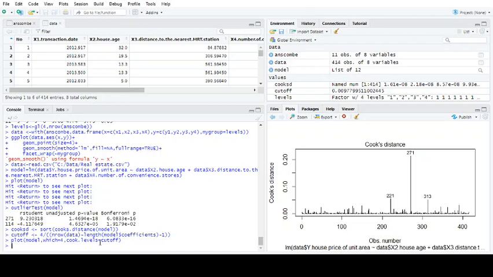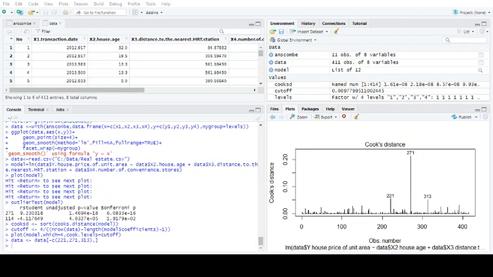And a quick way to remove them from your data would be data, open square brackets, minus c, and put in any of the numbers or values you want to remove.